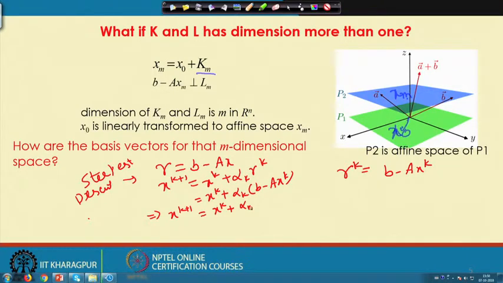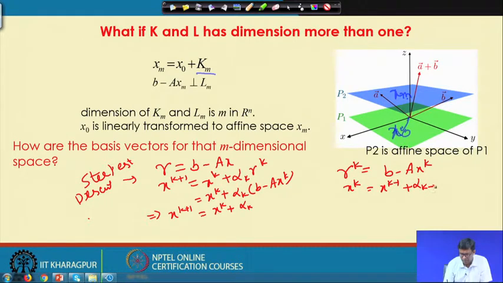I can also write that, similarly, x_k is equal to x_{k-1} plus alpha_{k-1} r_{k-1}. So, b minus A x_k is equal to b minus A x_{k-1} plus A alpha_{k-1} r_{k-1}.